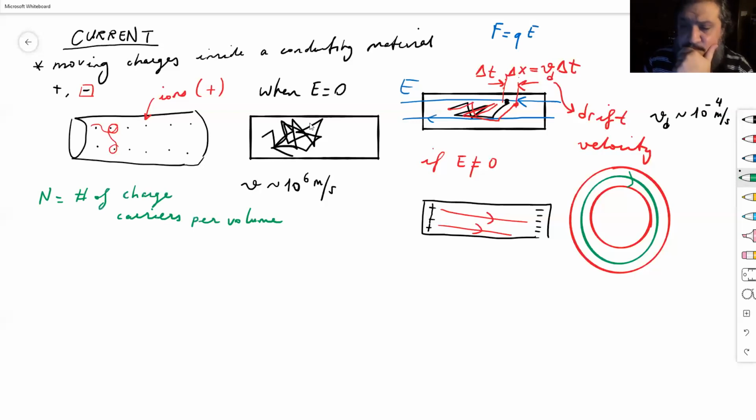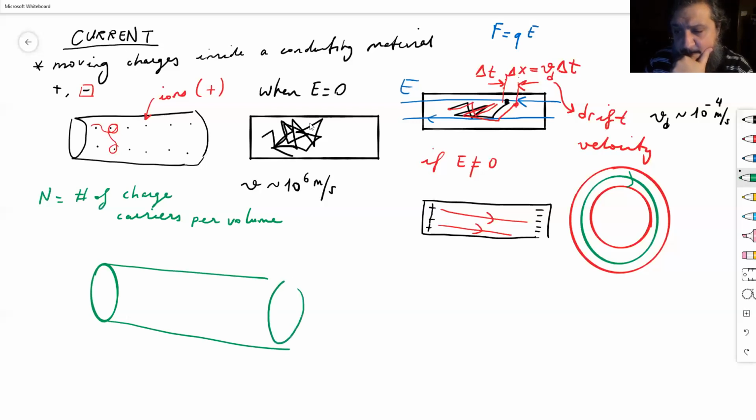So let's imagine we have a cylindrical conductor like this, a cylinder with equal area. It doesn't matter right now. We're talking about charges Q that flow to the right.